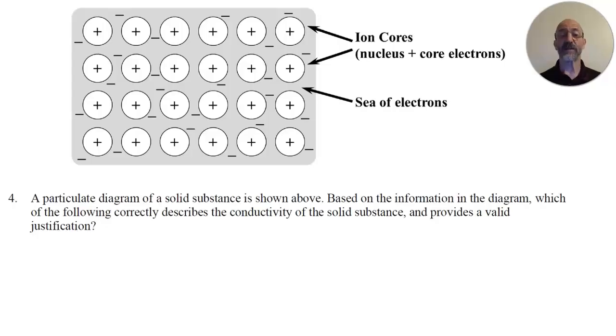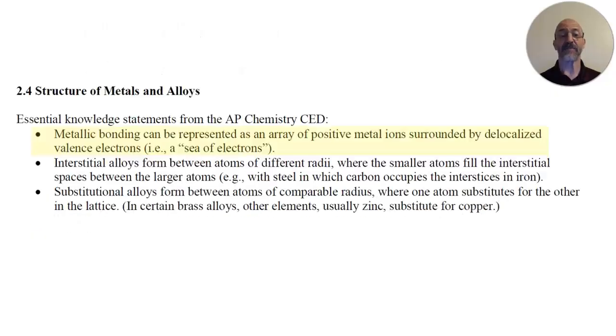Now, we do see both positive charges and negative charges, but focus your attention on the negative charges in this particulate diagram. Notice how randomly they are arranged. This is not a regular array of positive and negative ions, and we can see labeled in this diagram a sea of electrons. So what we are looking at is a particulate diagram of a metallic solid.